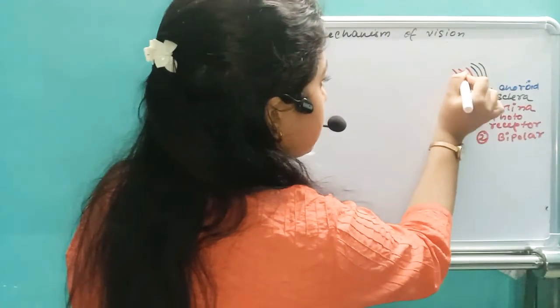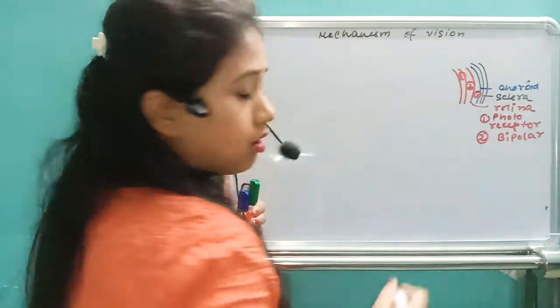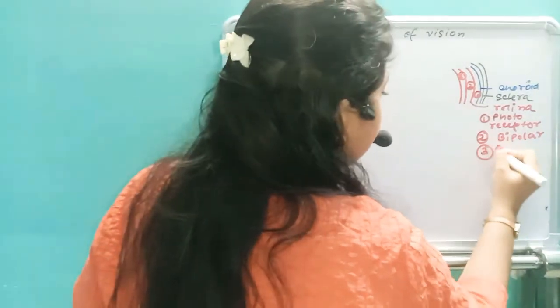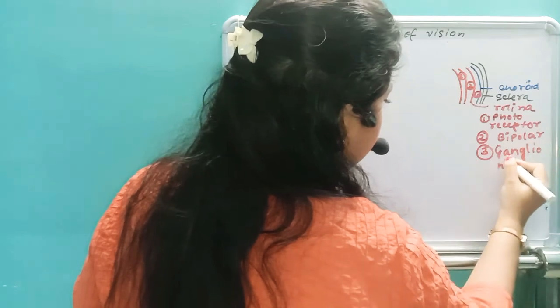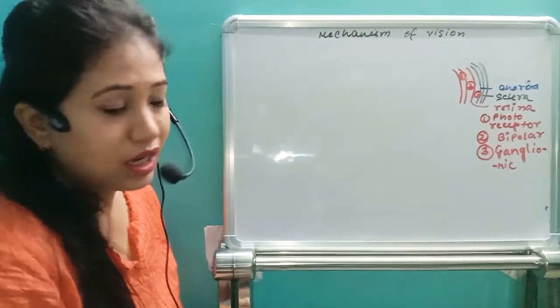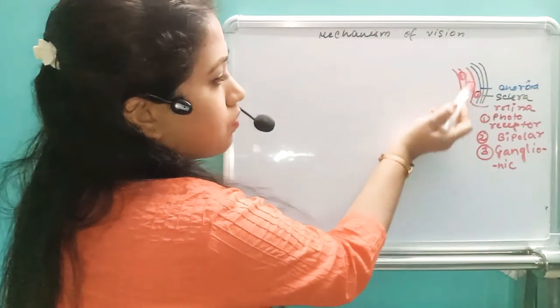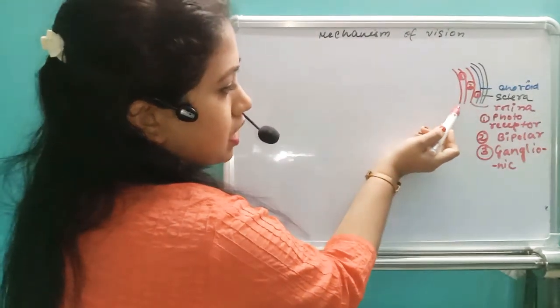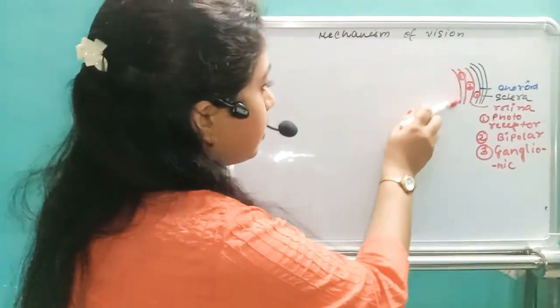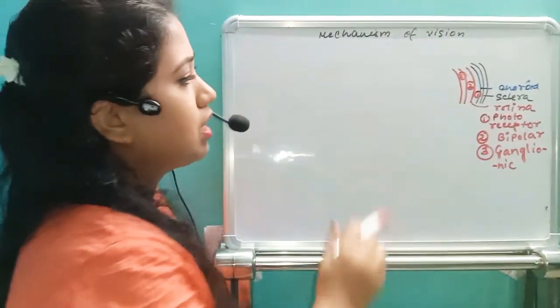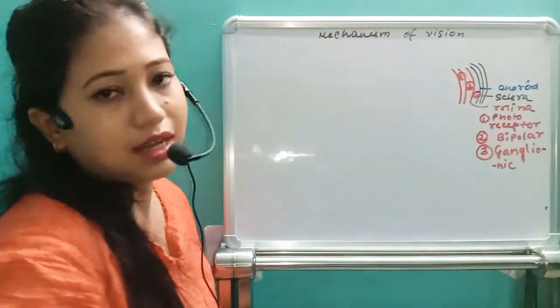The third layer is called the ganglionic cell layer. So we have three layers: the photoreceptor cell layer, the middle bipolar cell layer, and then the innermost layer, the ganglionic cell layer.